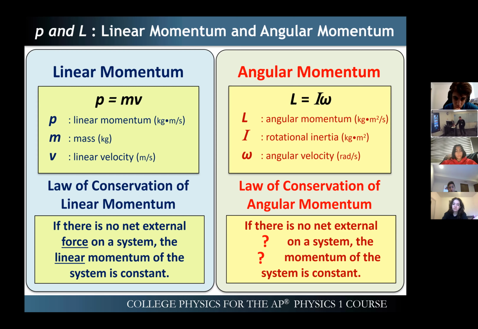If there's no external torque on a system, then the angular momentum of the system is constant, since we're defining conservation of angular momentum. Force and torque are kind of hand in hand. They don't mean the same thing, but they're kind of corollaries in the 2 different realms of the linear versus the angular motion or rotational motion. So nice little summary there.